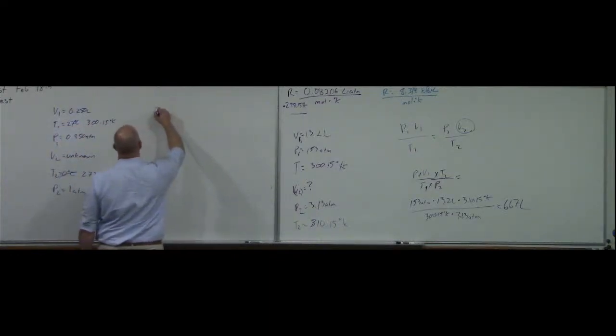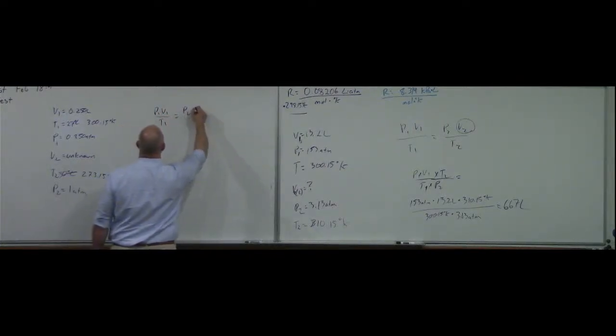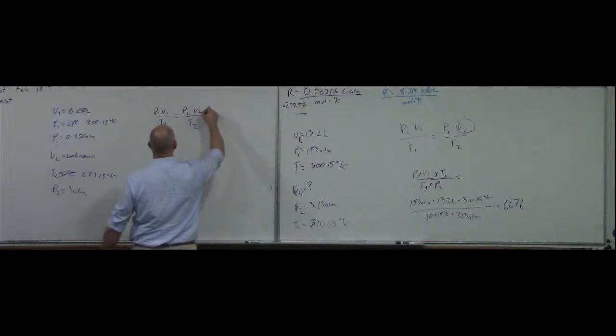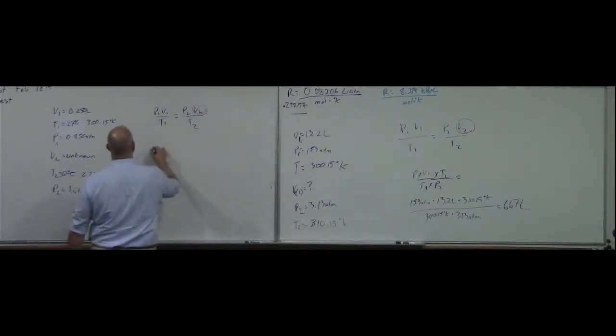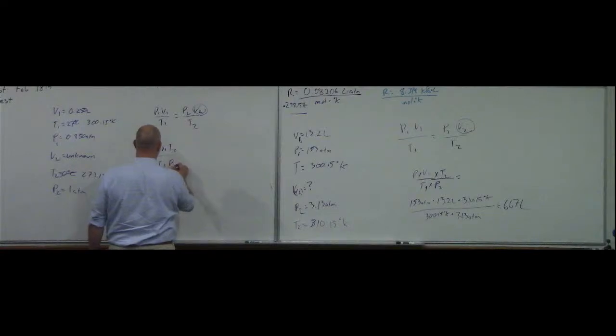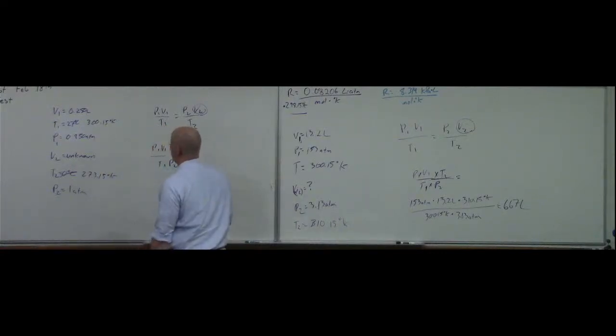Based on the formula, I got P1 V1 over T1 equals P2 V2 over T2. I am solving for V2. So I want P1 V1 T2 over T1 P2. Okay.